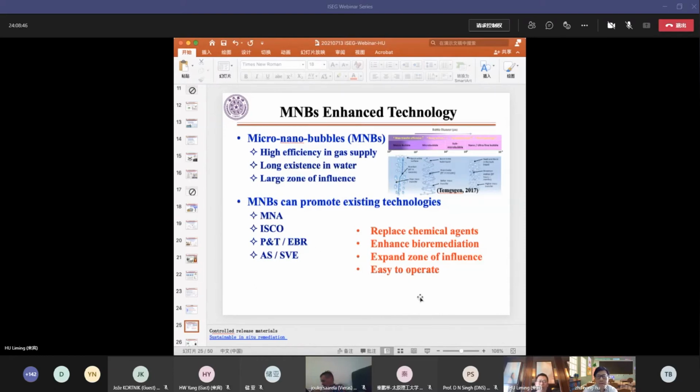If we use air, oxygen, or ozone, it can improve the dissolved oxygen concentration, enhance bioremediation, and expand the zone of influence. And it's very easy to operate.